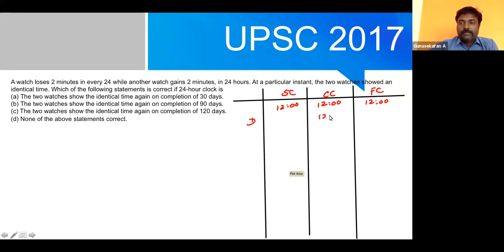On day 1, when the correct clock shows 12, the fast clock will move 12 to 11:58. On day 30, when the correct clock shows 12, what is the fast clock time? Read the question clearly. 1 o'clock is the wrong answer.